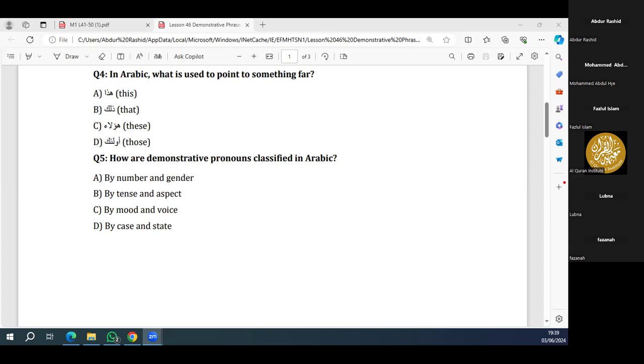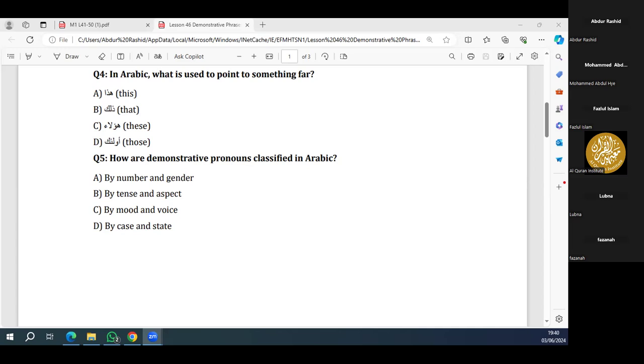The question is, how are demonstrative pronouns classified in Arabic? The word classified is very wide open in meaning, but by looking at the answers, you need to decide what it is trying to say. It's trying to say demonstrative pronouns, these two parts, what would they match?